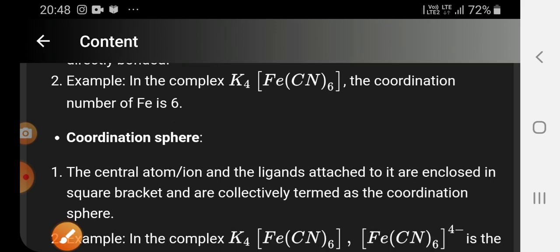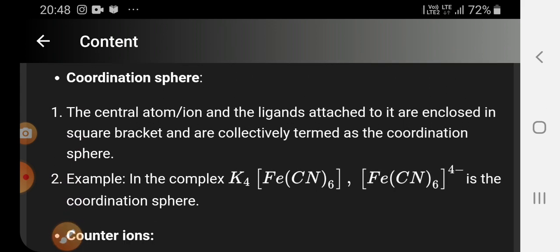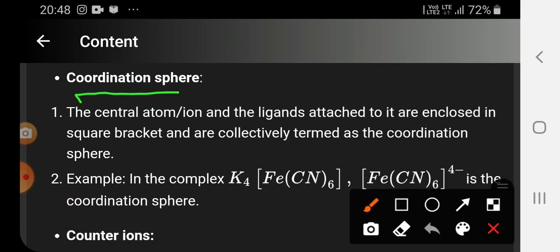Now move on to the next point, coordination sphere. Very simple. The part of the complex in which the central metal atom or ion is attached to the electron donating species is known as the coordination sphere.